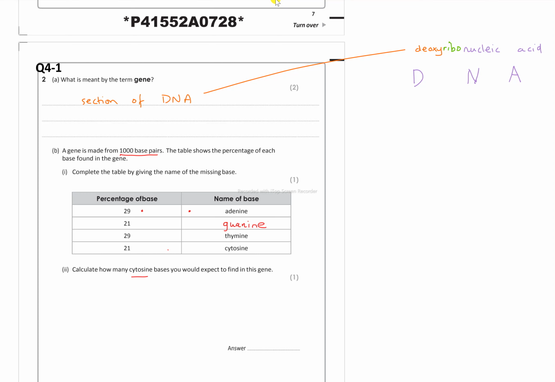So cytosine, you've got 21%. What's 21% of 1,000? So it's 21% times 1,000. Well, you'll have a calculator anyway. So it'll be 210. Is that right? Let's have a quick check. 210.